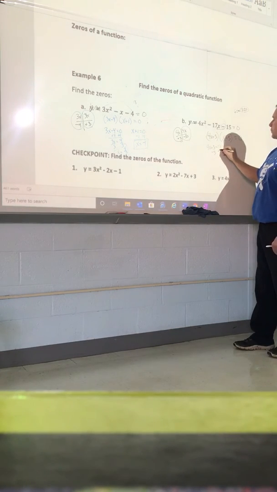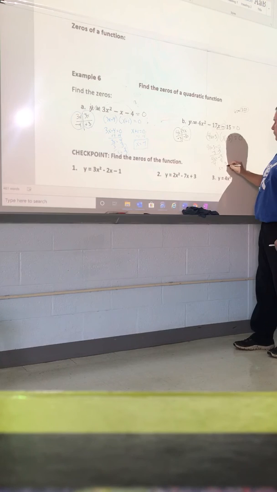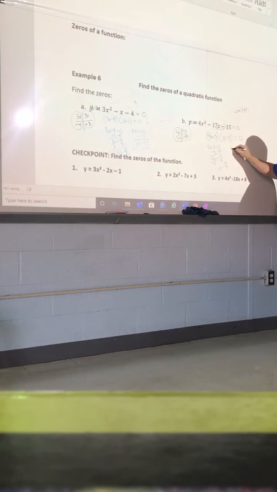We subtract 3, so 4x equals negative 3. We divide by 4, and we get x equals negative 3/4. Then x minus 5 equals 0, we add 5, and we get x equals 5. So that's finding the zeros of the function.